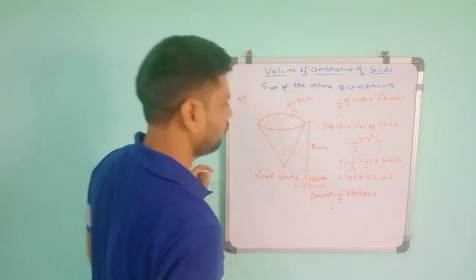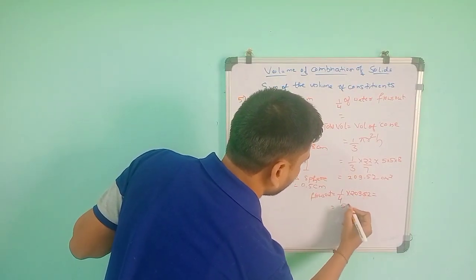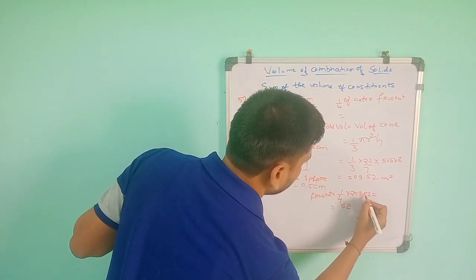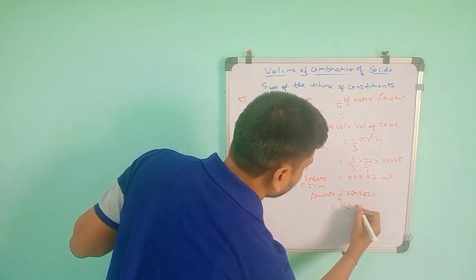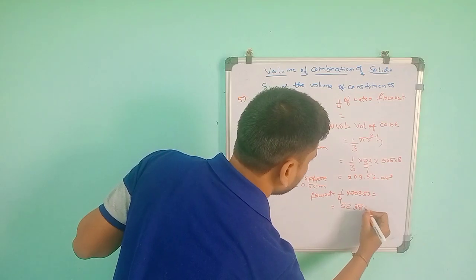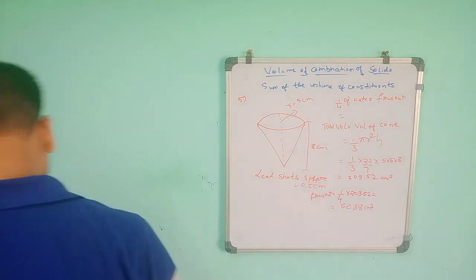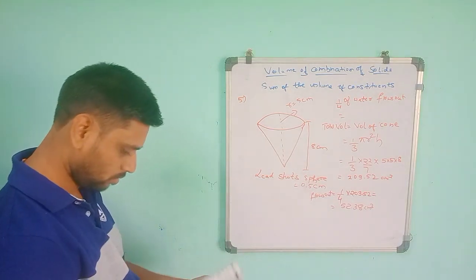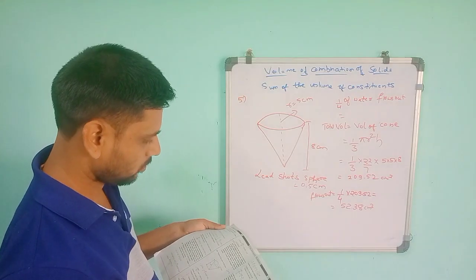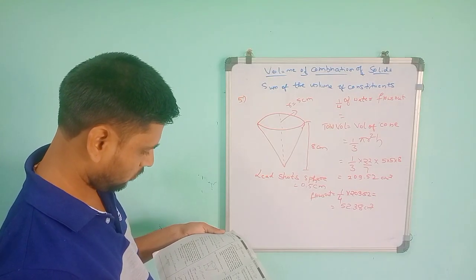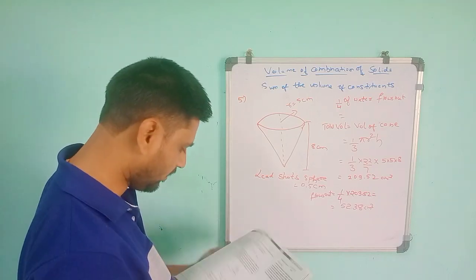So 1 by 4 into 20952: 4 5s are 20, 4 2s are 8, 52, 4 3s are 12, again 32. So you get 52.38 centimeter cube.